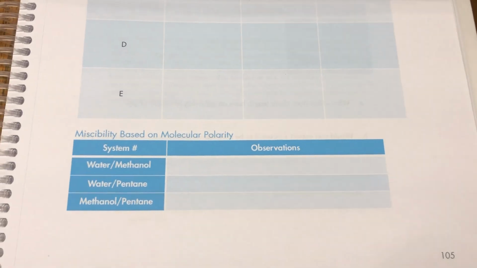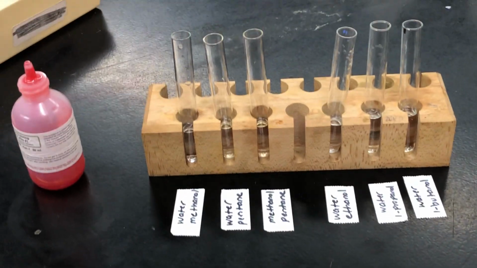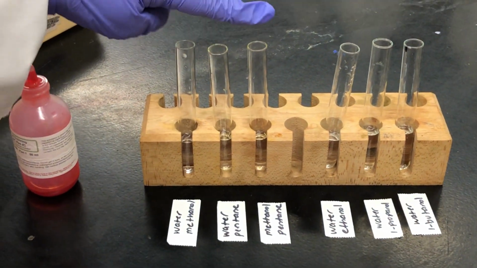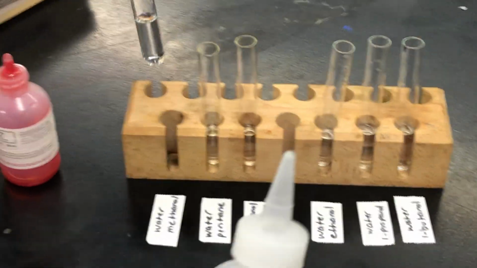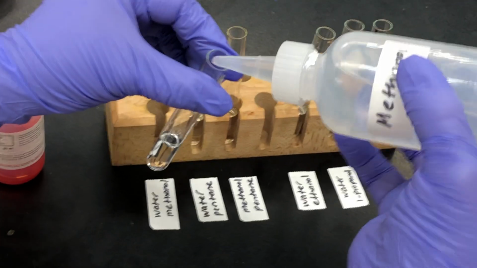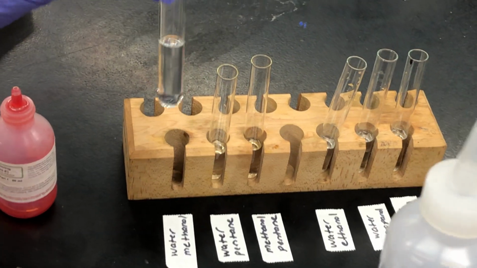Okay, in this first experiment, what we are going to study is the miscibility of different liquids based on molecular polarity. What we have is three test tubes ready with some liquids. More specifically, we have water in the first two and methanol in the third one. Both water and methanol are fairly polar liquids, and so what we are going to be adding is methanol to the first one.